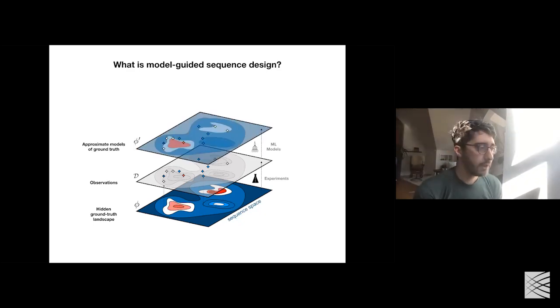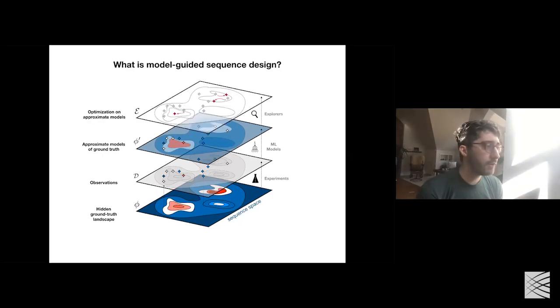You take these data and then you attempt to approximate the ground truth using models that you can build. These can be machine learning models, or they can be other types of simpler or mechanistic models that you can come up with. And then the final step, which is the focus of this talk, is you take that approximation, and then the question is, how do I find the sequences that I am interested in?